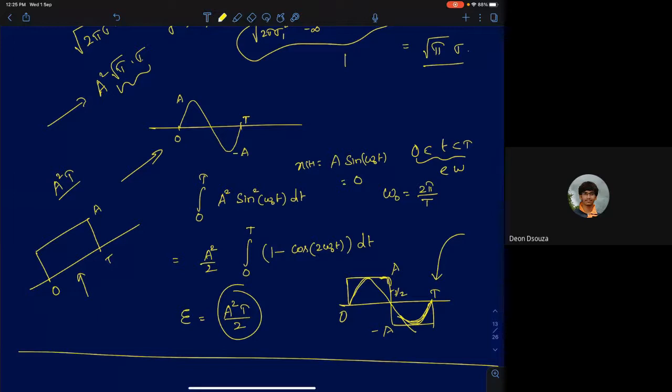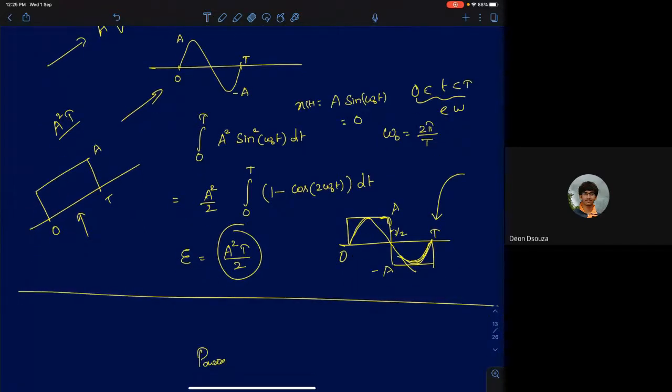So if you see here, energy is not a unique number. I can have different signals having the same energies. Energy is one of the characteristics by which you can define a signal, but it's not a unique characteristic.